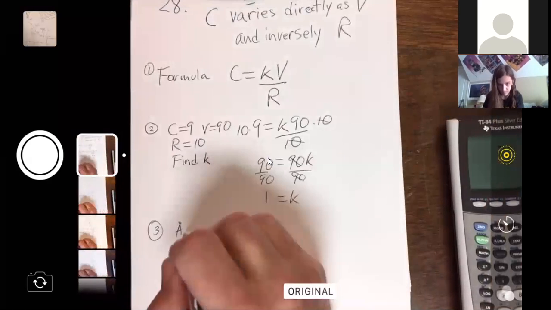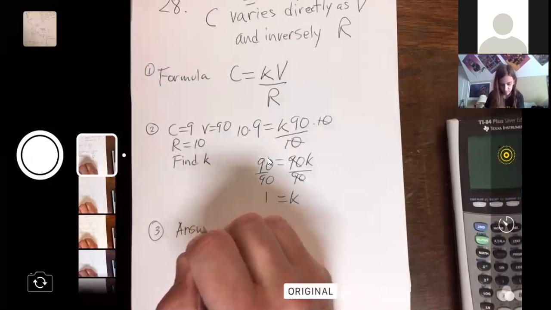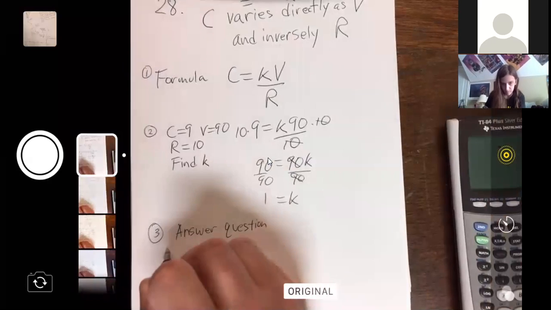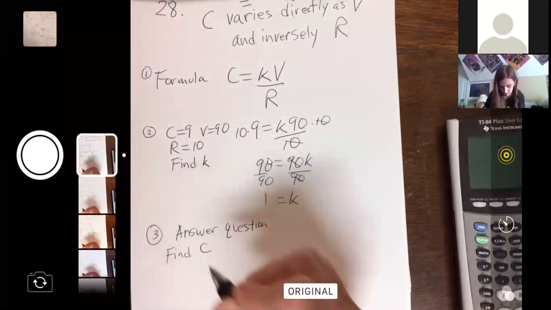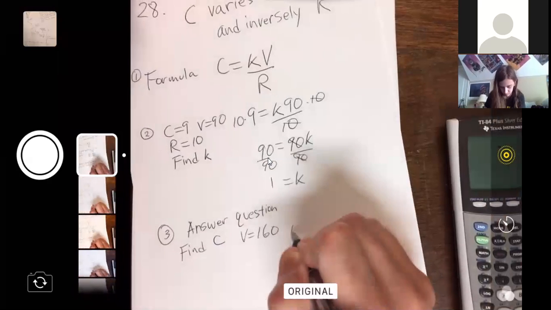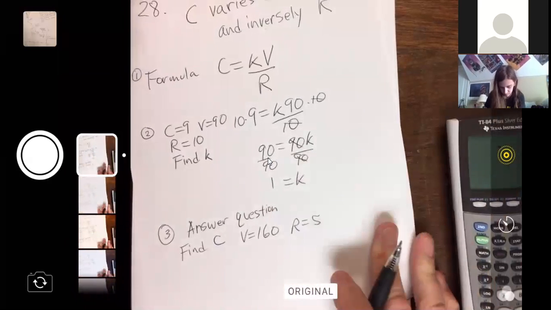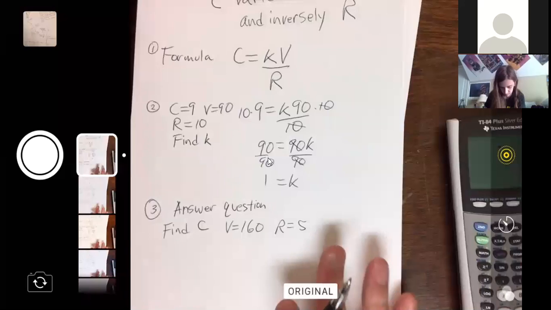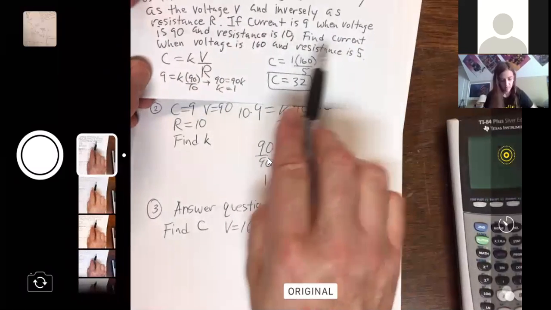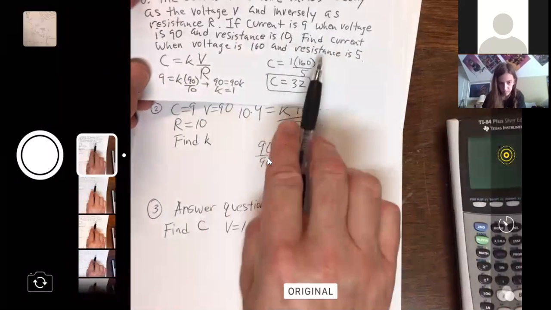Now they're telling us to answer the question. Find current, C, V equals 160, R equals 5. Getting that from here: find current, V equals 160, the resistance is 5.